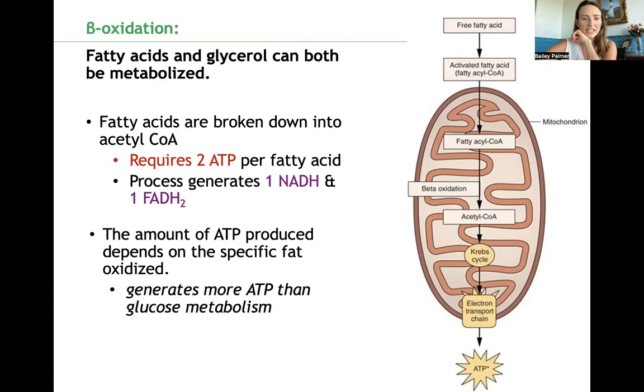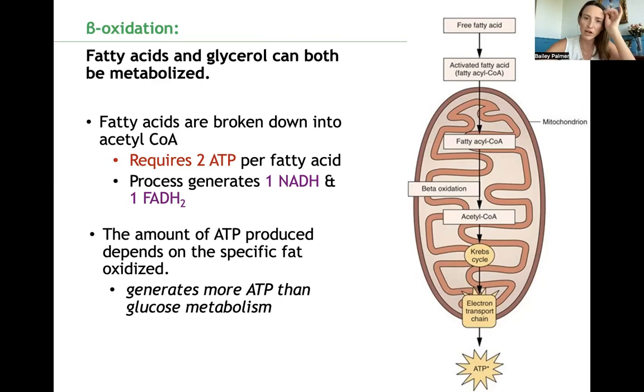What we want to understand is the amount of ATP produced depends on the specific fat that's oxidized, but always, fat will generate more ATP than glucose. Let me give you an example. The amount of ATP produced from a fatty acid depends on the amount of carbons contained within the fatty acid. Glucose is a 6-carbon molecule.